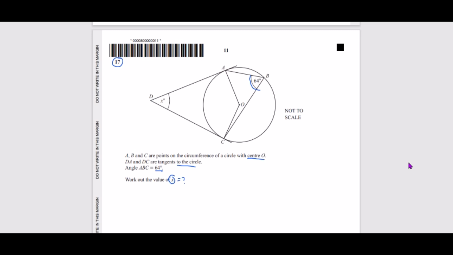Now we know that this is a small angle and this is a big angle. The angle at O is double the angle at B, like this.